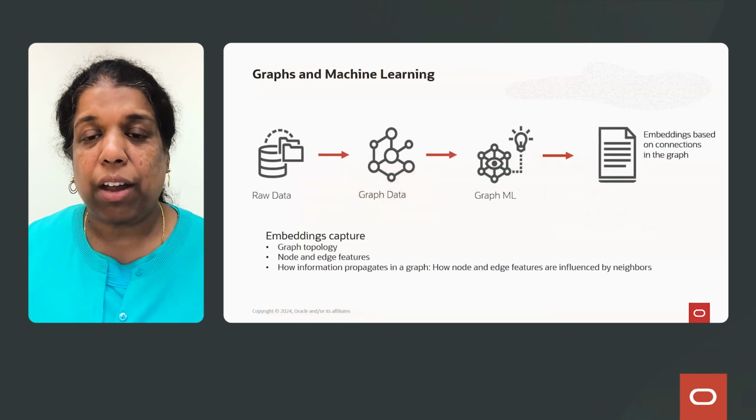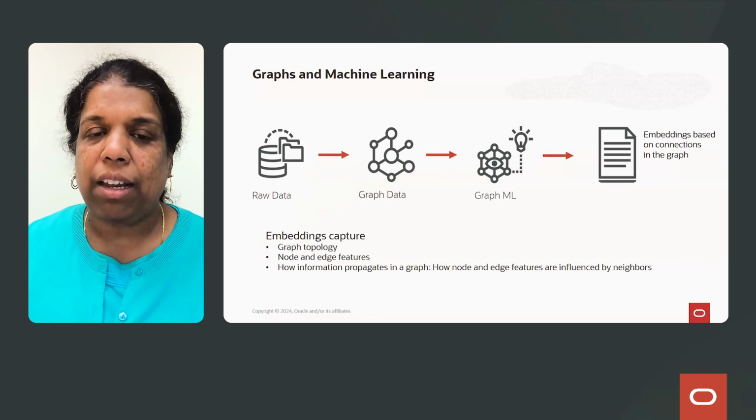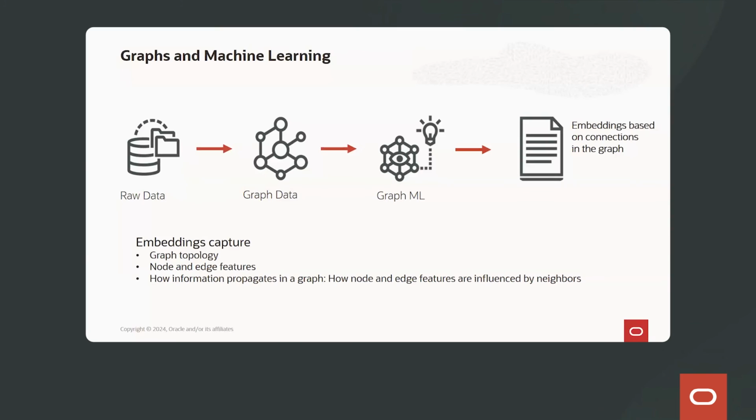And what do graph machine learning algorithms do for us? Graph machine learning algorithms provide you more information about your entity, to provide additional embeddings for a data entity. So you have raw data, you create a graph from it, and then you can use graph ML algorithms to capture things like graph topology, like how is your data connected to other entities, by centrality algorithms, PageRank algorithms, or graph machine learning algorithms like DeepWalk.